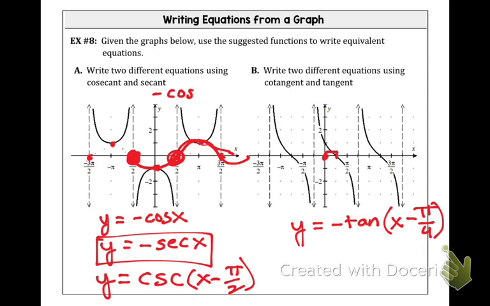To turn it into the cotangent, our cotangent is originally starting with our asymptote at 0. So it's normally here, but we're moving it to the left a quarter of a pi. So cotangent of x plus a quarter of a pi. Both of those equations would represent the graph that's graphed there.